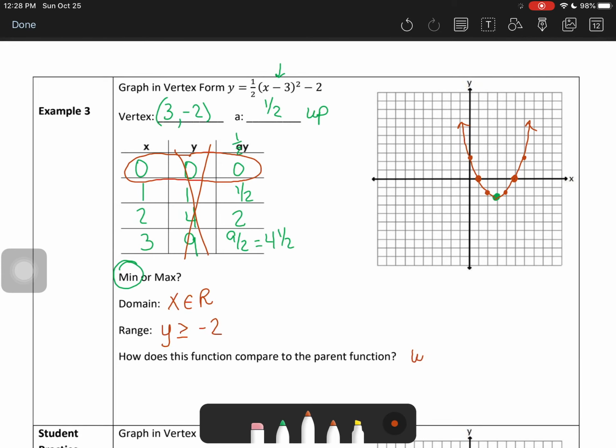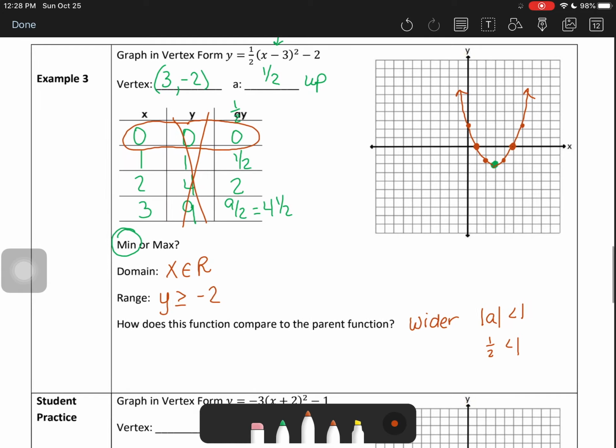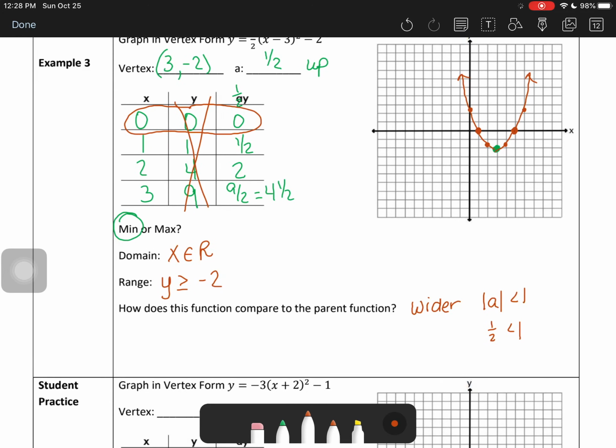This is going to be wider than the parent function because the absolute value of our a is less than 1. Our a value is 1/2, and that is less than 1, which makes our function wider. If you would take a look at the next examples and finish those for practice.